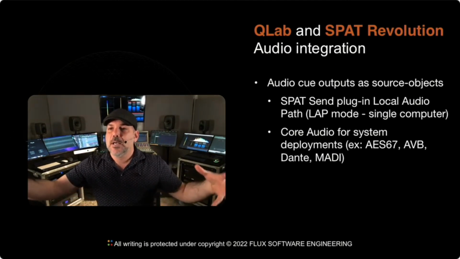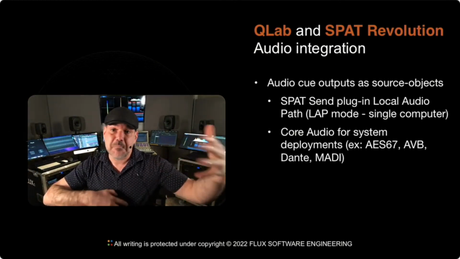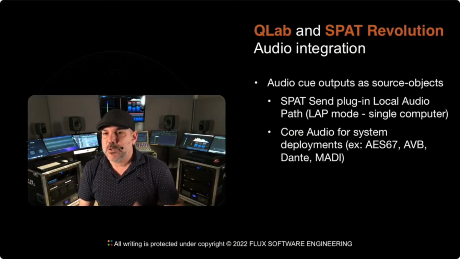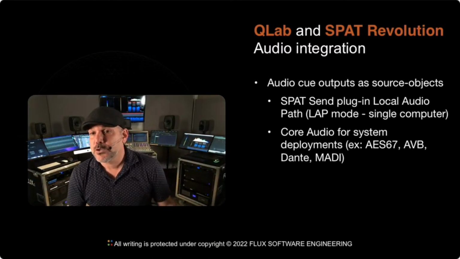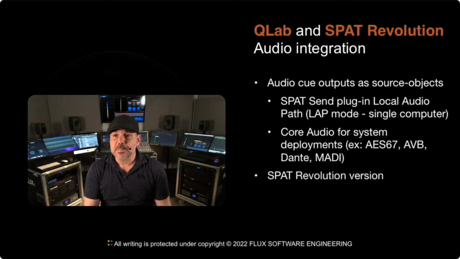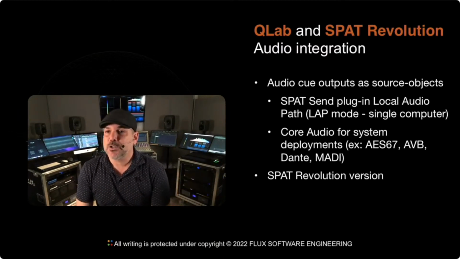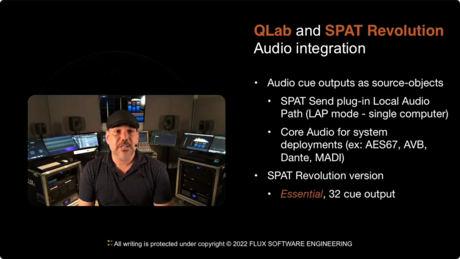So as you are building a larger system, a deployment of playbacks and renderers, maybe main and backup, we're obviously going to be using audio over IP solutions or MADI, multi-channel audio solutions that exist, right? There are two SPAT Revolution versions to support this. Important to note, we've got the Essential version. I'm going to be working in Essential today, up to 32 cue outputs.